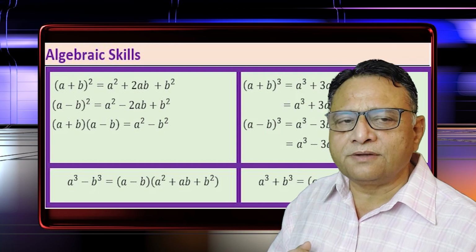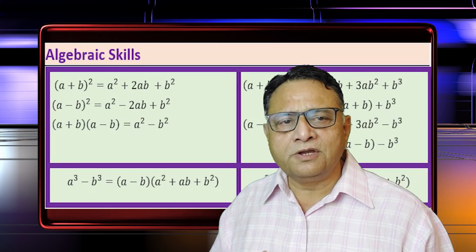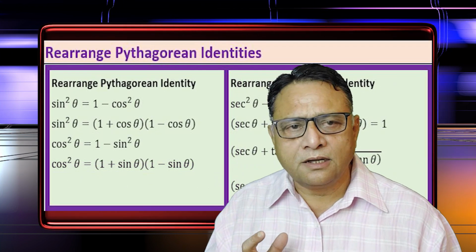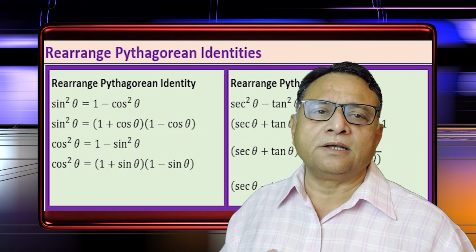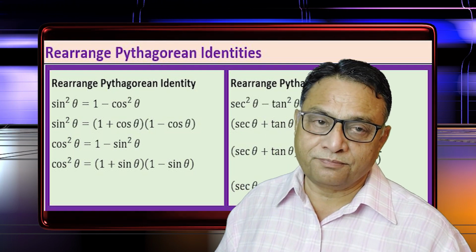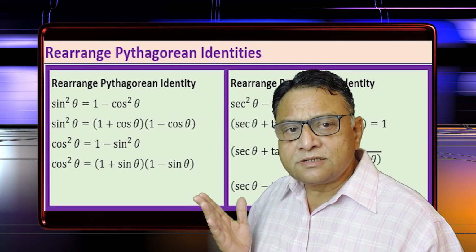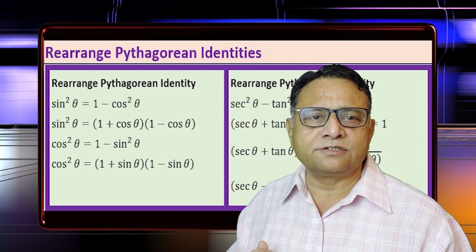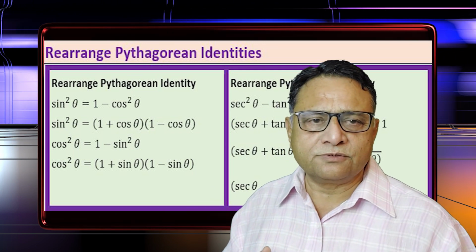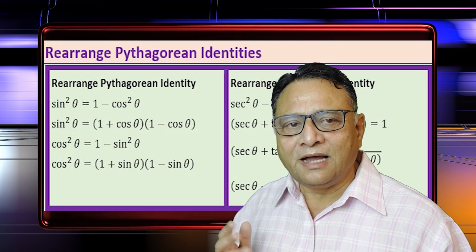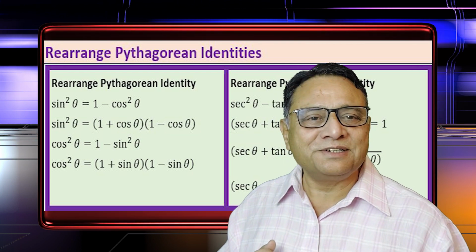Now, many times I have seen complicated questions which may require manipulation of the Pythagorean trigonometric identities. As shown here, sine square theta plus cos square theta is equal to 1. That means we could write sine square theta as 1 minus cos square theta.